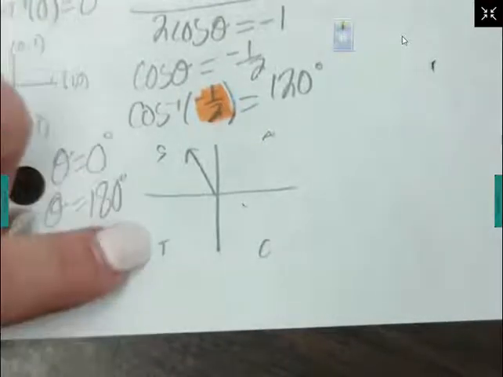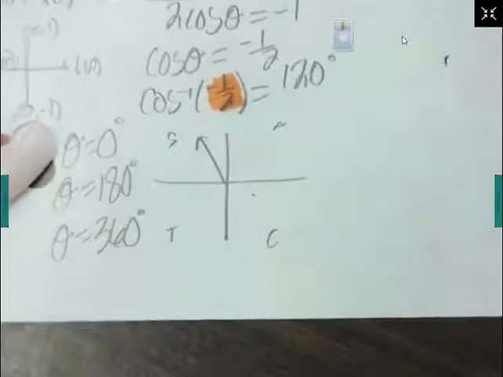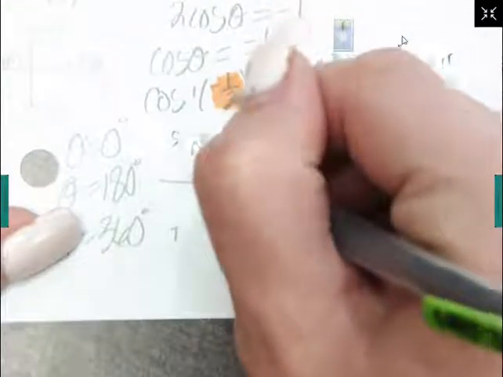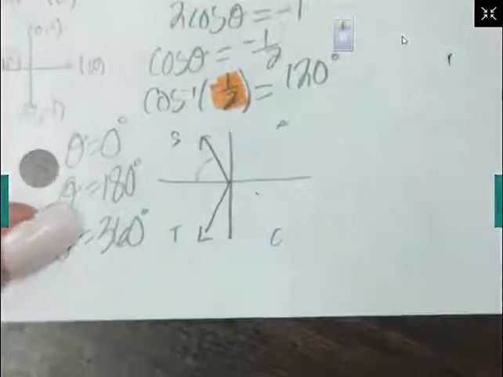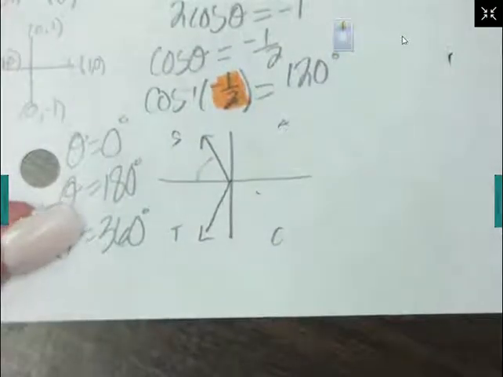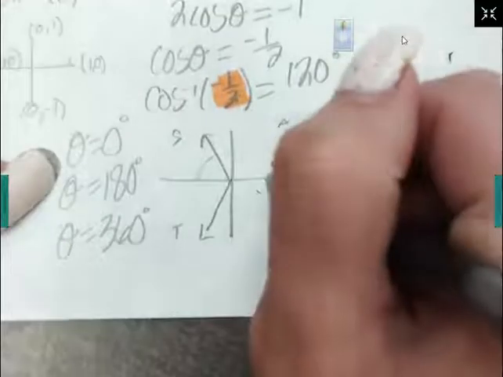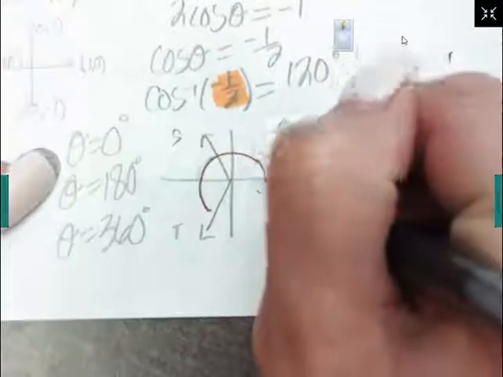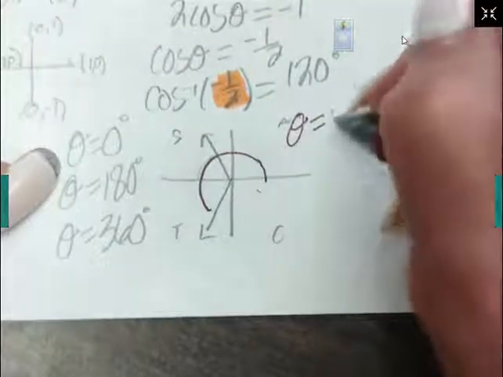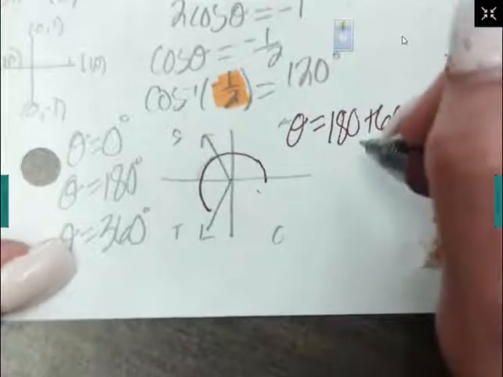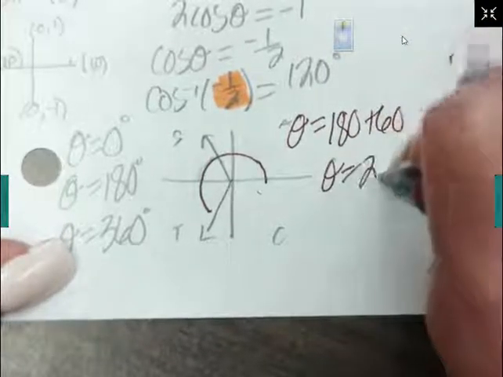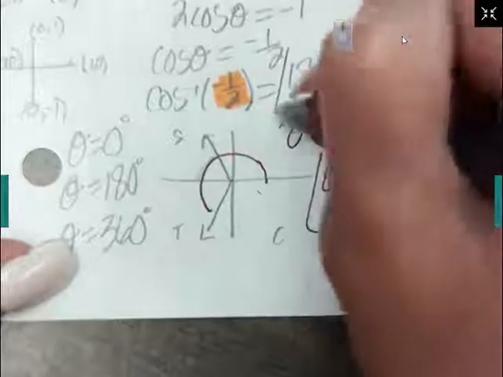In the third, tangent is the only one that's positive, so that's why we know cosine is negative here. And remember, it's going to have the same reference angle, this reference angle right here. Do you know what that is? 60 degrees, right? So theta is equal to 180 plus 60, which would give us what? 240. Theta is equal to 240. So your answer would be 240 degrees as well as 120 degrees.